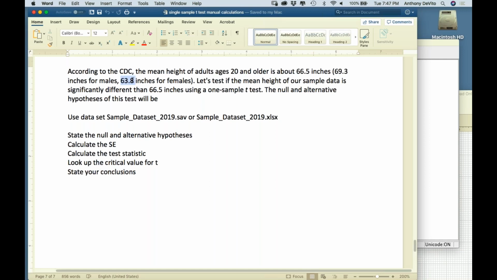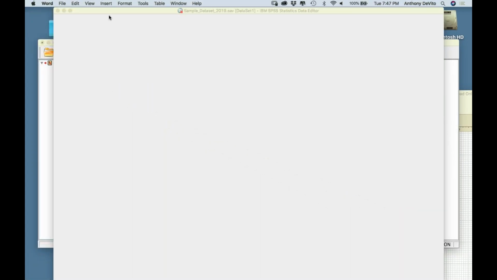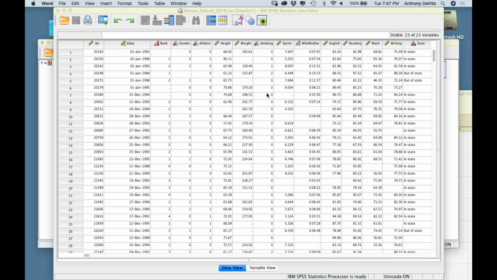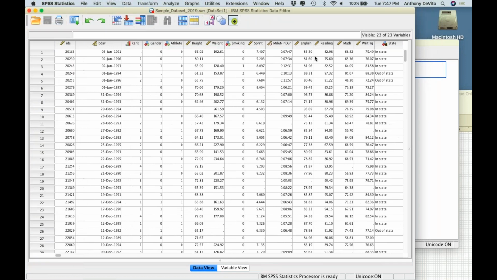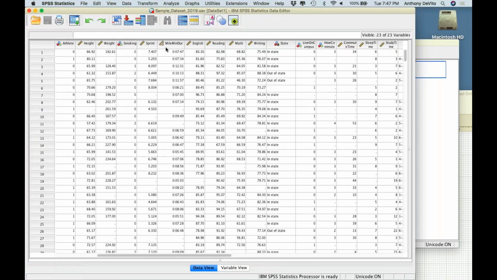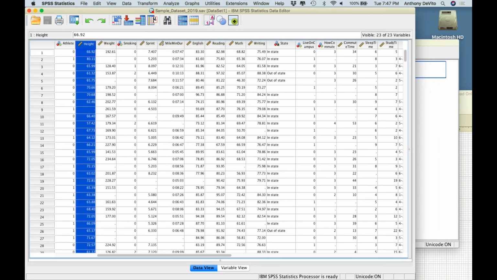And the mean we found was 63.8 in our sample, right? So we have our data set open, and one of these is height. Here's height. So we have heights for a number of students.